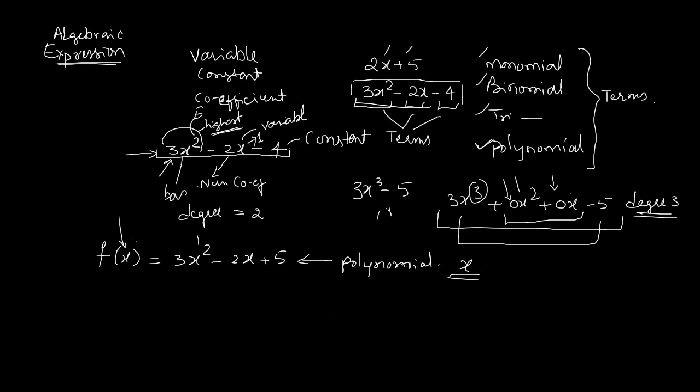That's where x is the variable. If I am going to substitute some value into this, the value of that polynomial at x equals 5 is whatever we substitute and find out. So that's the value we get.